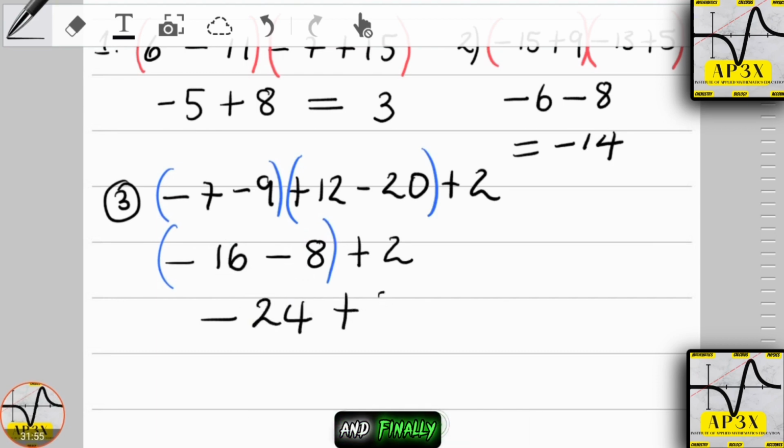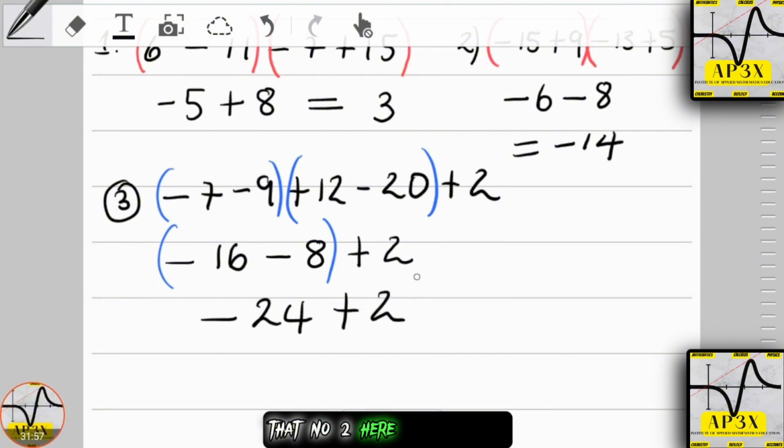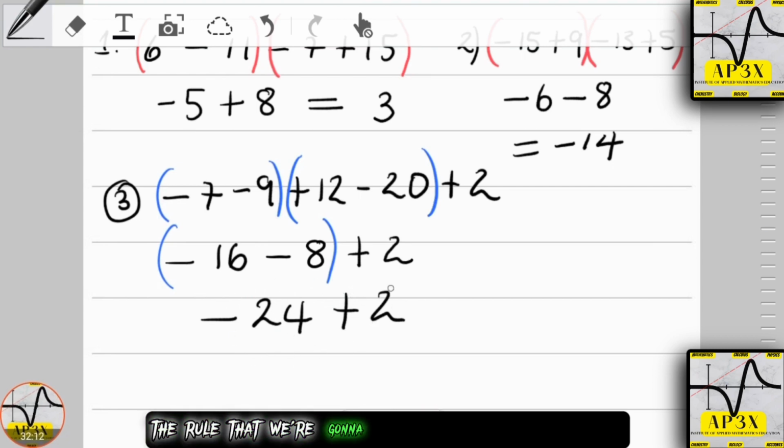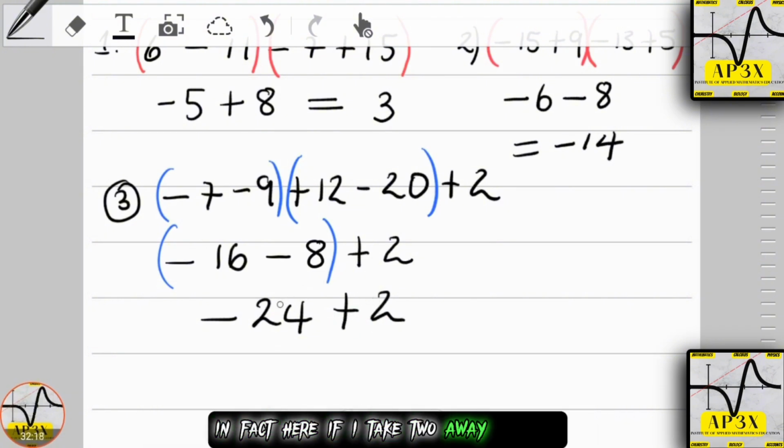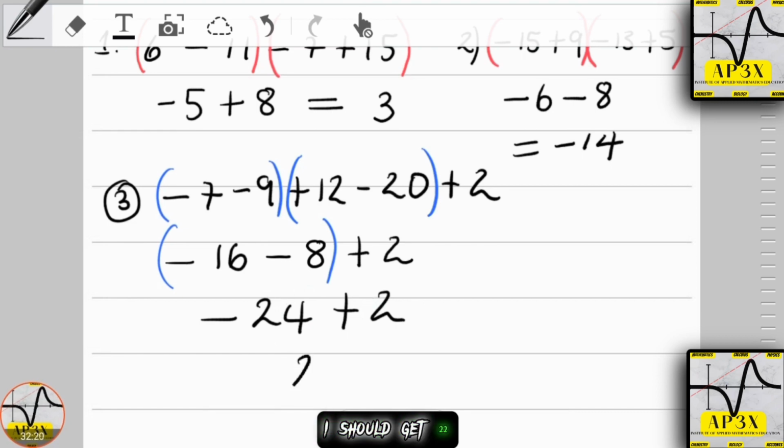And finally, that value 2, which was at the beginning of the question, has now appeared. Now we end up with opposite signs. So again, reiterating the rule, we're going to be taking the smaller number away from the larger number. So in fact, if I take 2 away from 24, I should get 22.